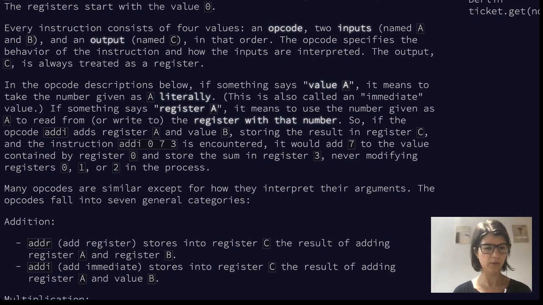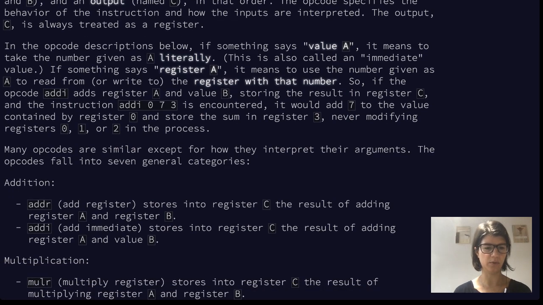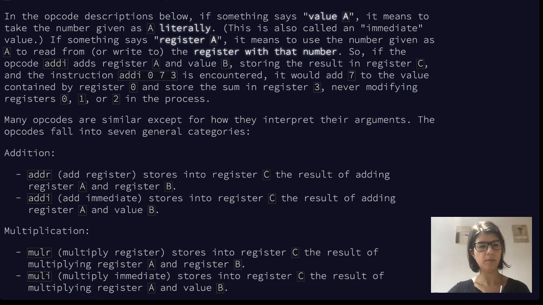So if the opcode addi adds register A and value B, storing the result in register C, when the instruction addi 0 7 3 is encountered, it would add 7 to the value contained in register 0 and store the sum in register 3, never modifying 0, 1, or 2 in the process. Many opcodes are similar except for how they interpret their arguments.